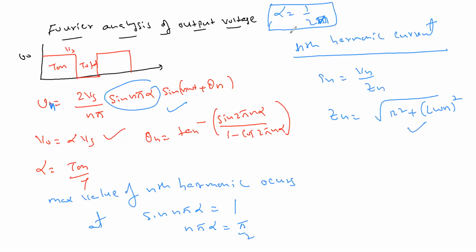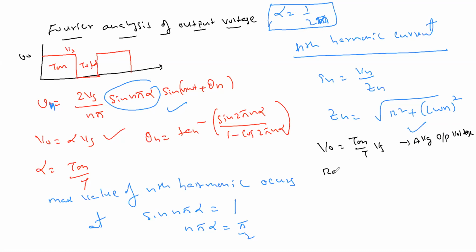RMS output voltage. What is RMS output voltage here? We got to know its average voltage. What is average voltage? V naught, I know it. V naught, which is equal to T on by T, which is Vs. This one is the average output voltage.